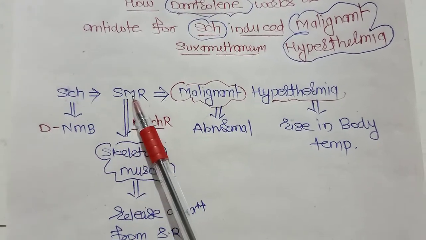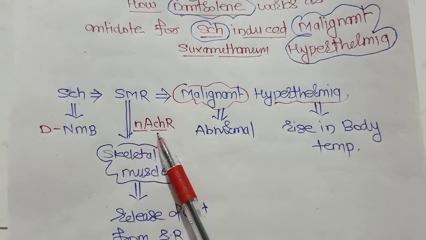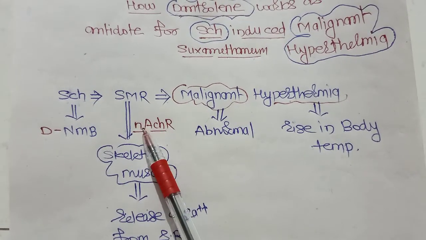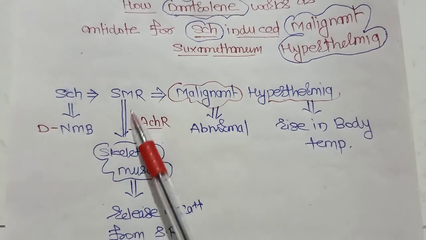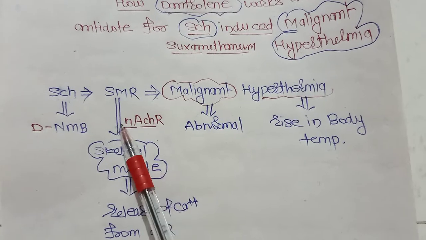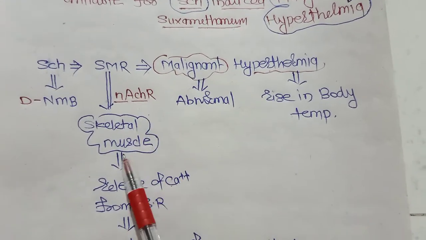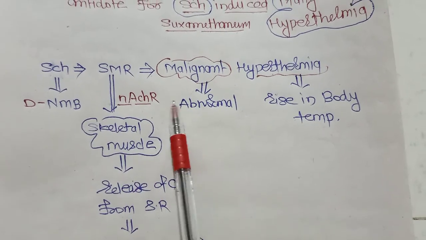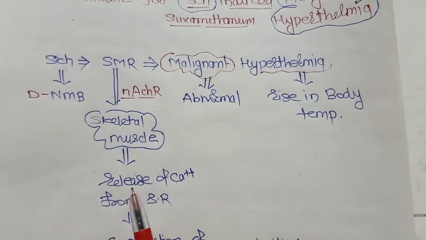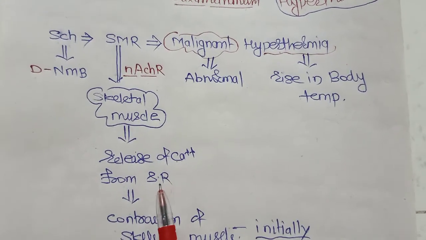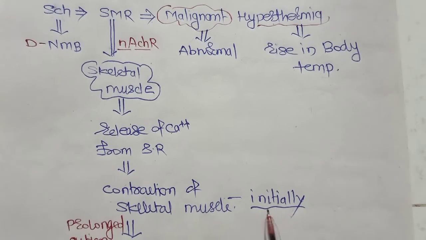When we say it causes skeletal muscle relaxation, that means succinylcholine acts on the NM receptor, the nicotinic acetylcholine receptor, on the skeletal muscle. When it acts on this receptor, there is a release of calcium from the sarcoplasmic reticulum and contraction of skeletal muscle occurs initially.